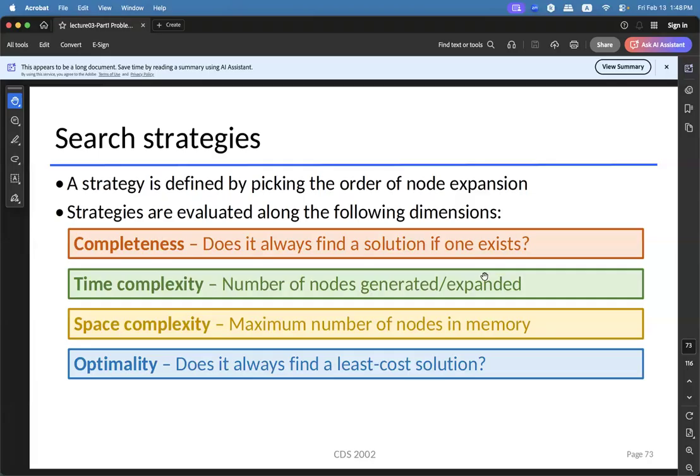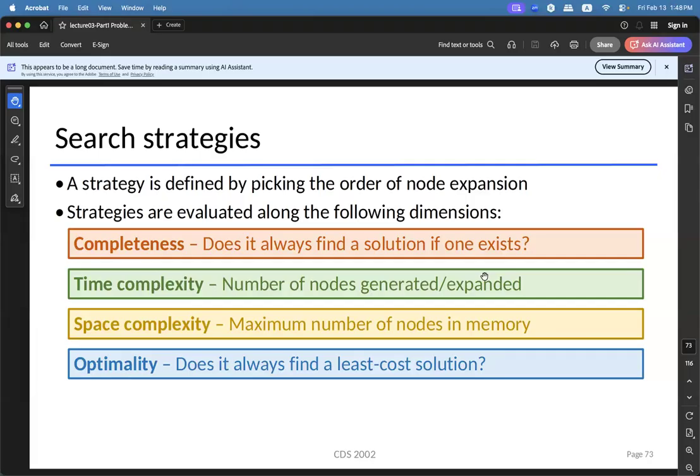And for space complexity, we are measuring how many data points we need to store in the main memory to make this algorithm work. Okay. So up to now, any questions?